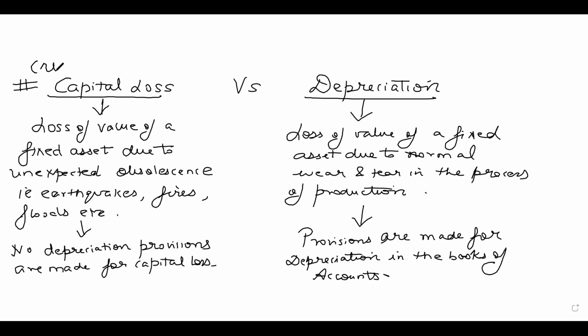We don't know when an earthquake or a natural calamity will come and physical assets will lose their value or deteriorate. In case of depreciation, depreciation is expected. Every company or business expects it over the course of the accounting year. They know that their assets will lose their value. But in case of capital loss, that is completely unexpected.